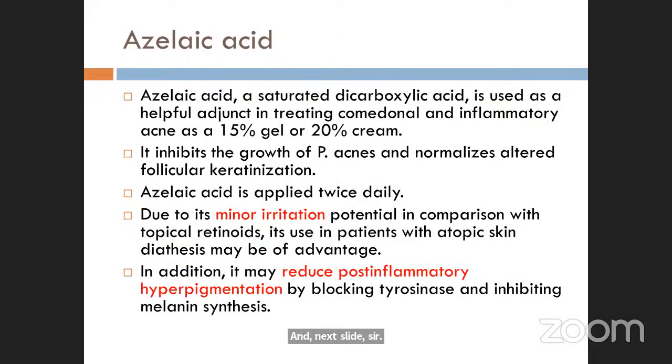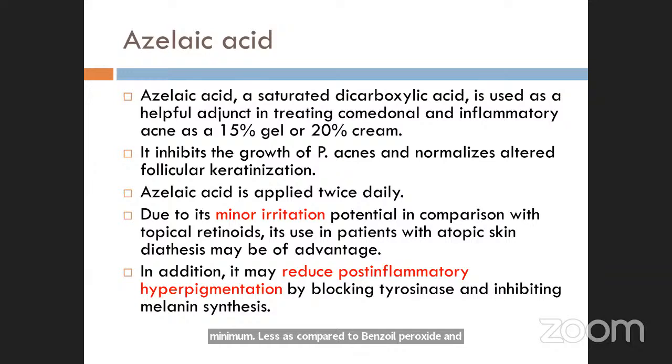Azelaic acid, I have never used this product, but the advantages of this product is that again, it is a keratolytic agent. Also, the irritation potential with this product is minimum, less as compared to benzoyl peroxide and tretinoin cream.